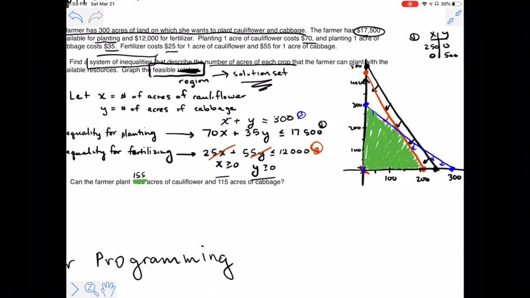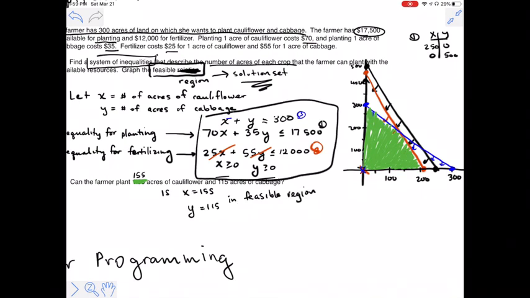Really what that means is x equals 155, y equals 115 in the feasible region. If it's not in the feasible region, it can't be done. Based on these constraints, that's actually what these are called. The feasible region is a set of constraints.